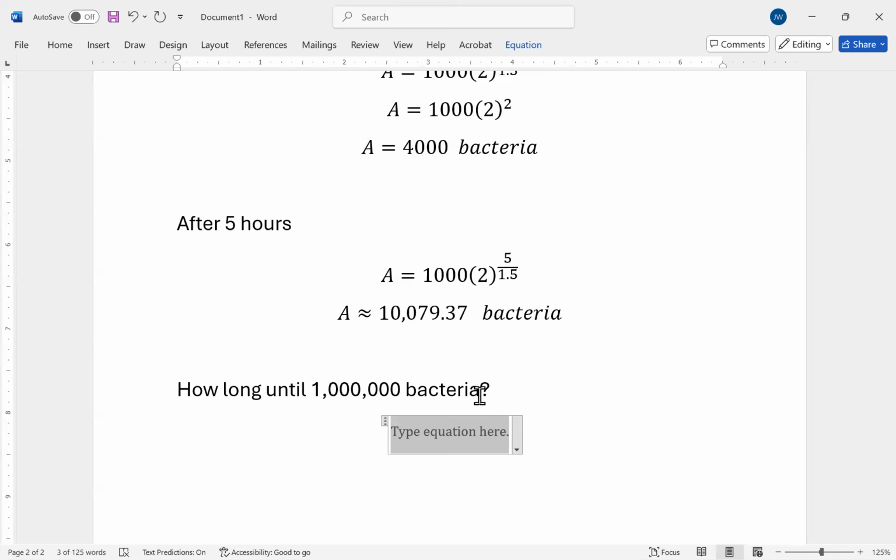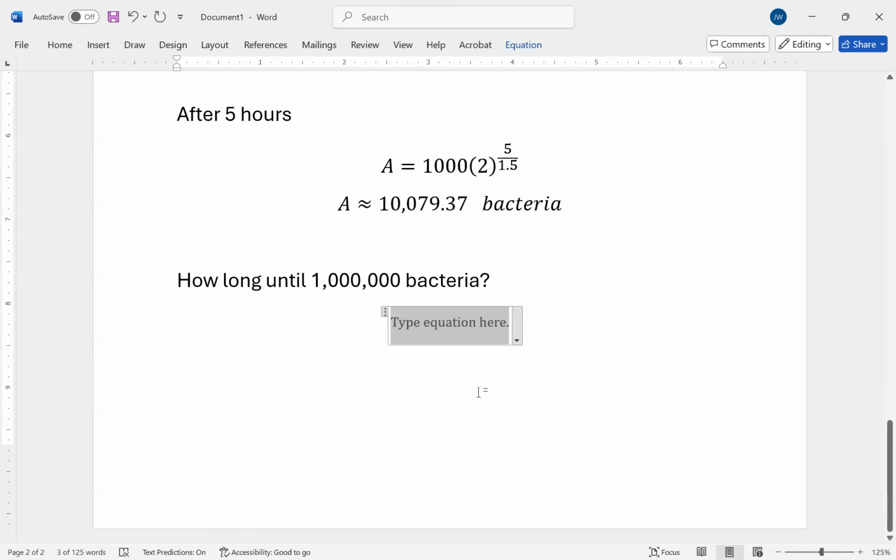All I have to do is set 1 million as my value of A. That's equal to 1,000 times 2 raised to the T over 1.5 power.